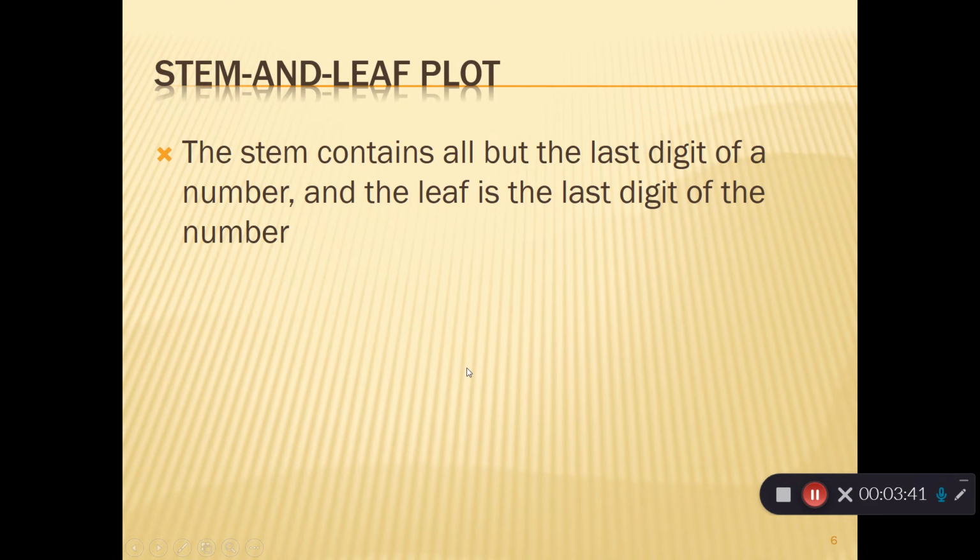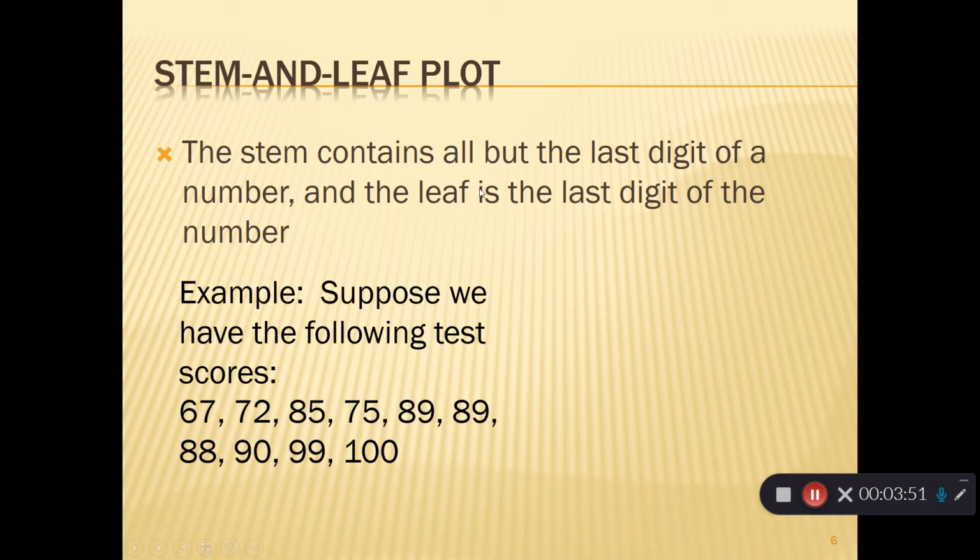A stem and leaf plot is where we, again, include every single data value in plotting, but we make the stem everything except the last digit of the number. So if I want to create a stem and leaf plot for the set of data scores that I see here, what I would do is have my stems be 6, 7, 8, 9, and 10, and then my individual leaves are the last digits.